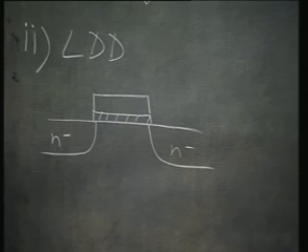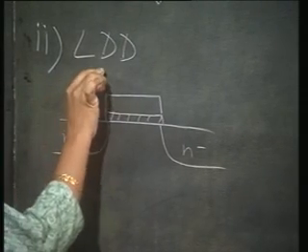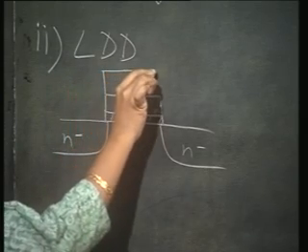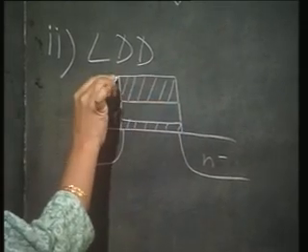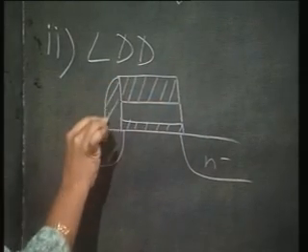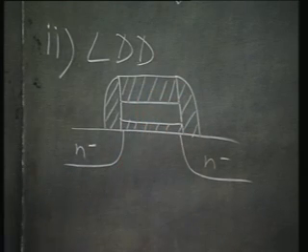And then we deposited a layer of oxide and patterned that oxide, and a second layer of oxide, so that finally what we had was a structure like this, right.